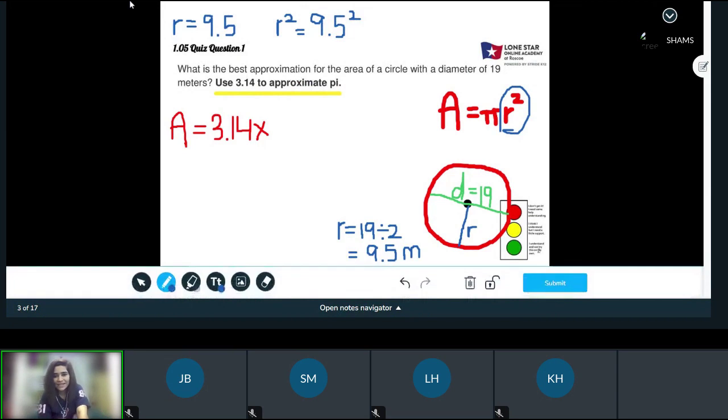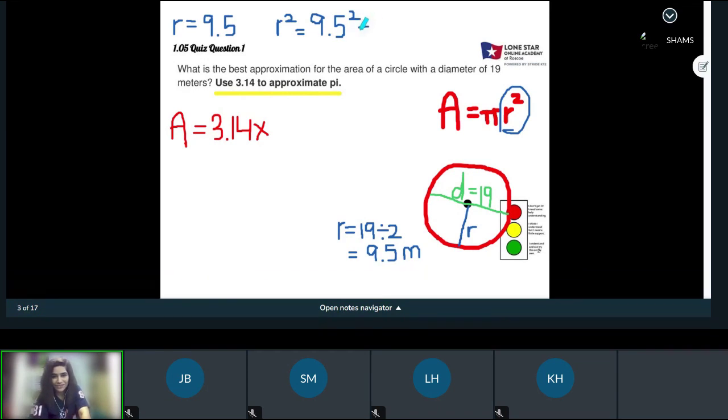Does any of you know what 9.5 squared means? How you can expand it? Very good, Jennifer. If you want to do 9.5 squared, Jennifer types in that it means we do 9.5 times itself. 9.5 times 9.5. That is r squared.